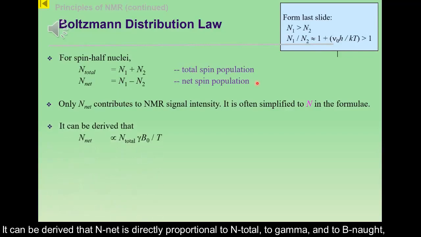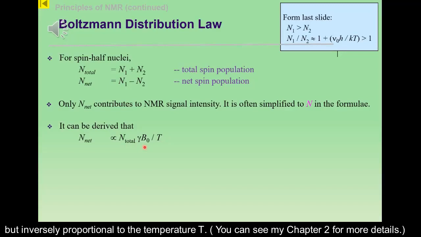It can be derived that N net is directly proportional to N total, to gamma, and to B naught, but inversely proportional to the temperature T. You can see my chapter 2 for more details.